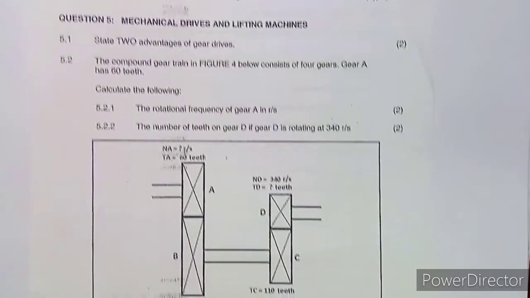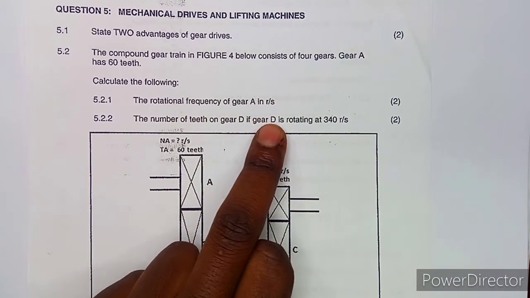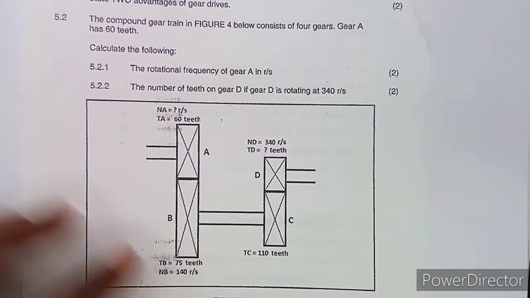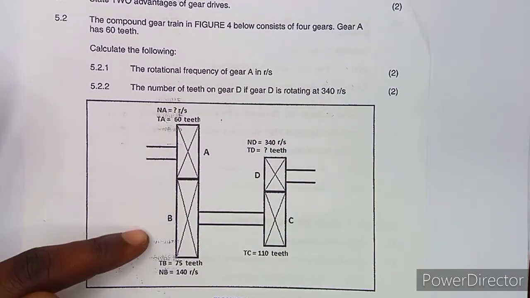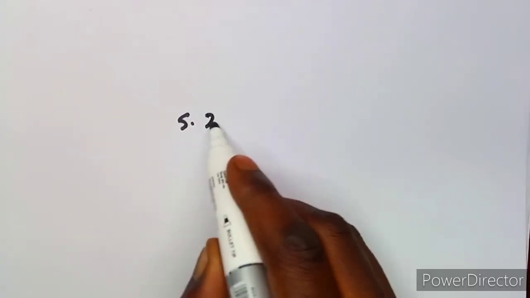All right, so the first question is calculate the rotational frequency of gear A in revs per second. Okay, so this part, guys, we are given A and B, so these two we can relate to them. Okay, so how do we relate, guys? This is actually 5.2.1.